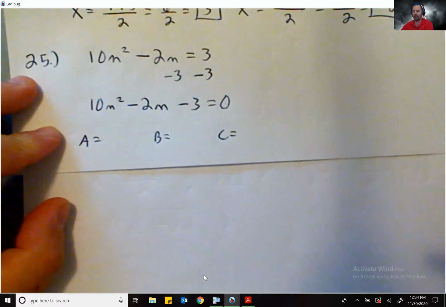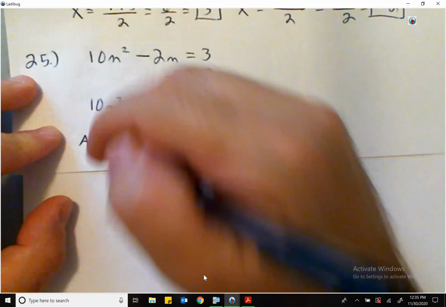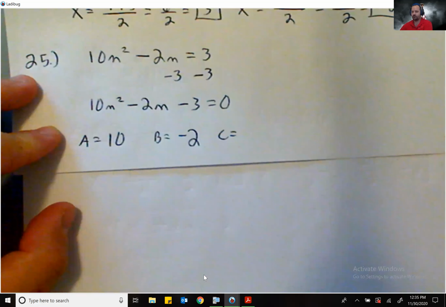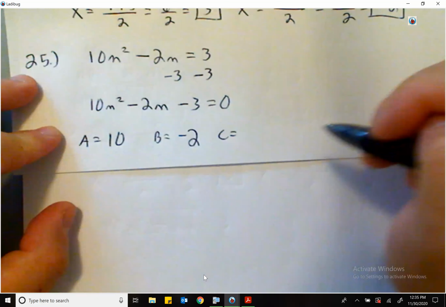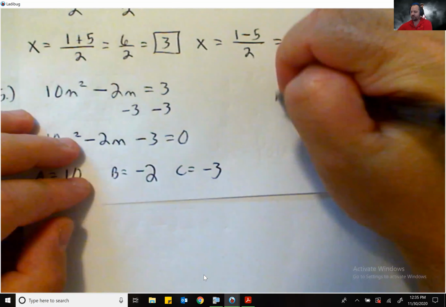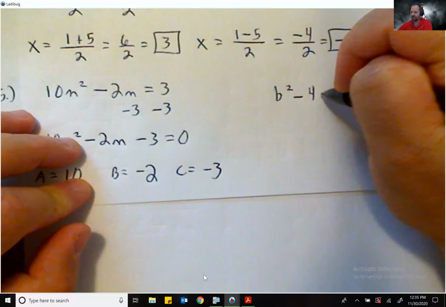What is our a value? 10. What's our b value? -2. And what's our c value? -3.